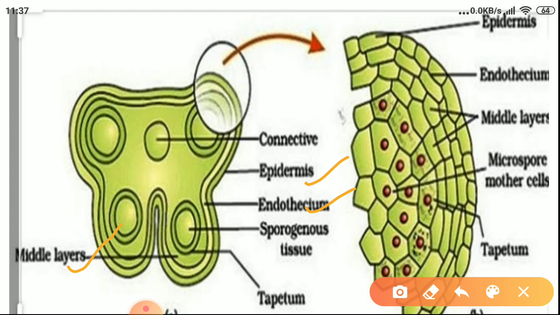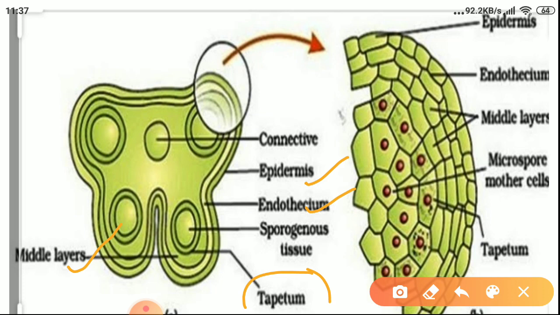So there are three continuous layers: epidermis, endothecium, and middle layers. The innermost is the most important one, which is called tapetum. Why do we call it the most important? Because it will help in nourishment of developing pollen grains.